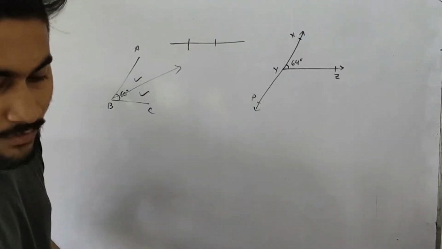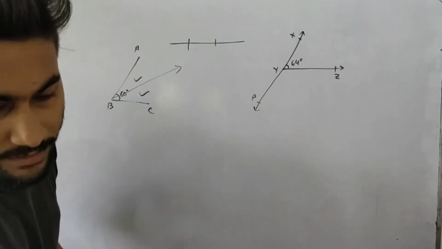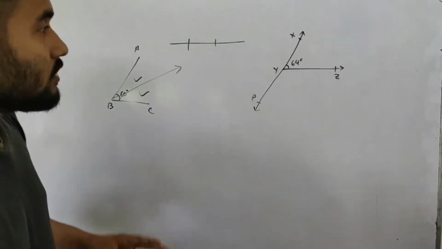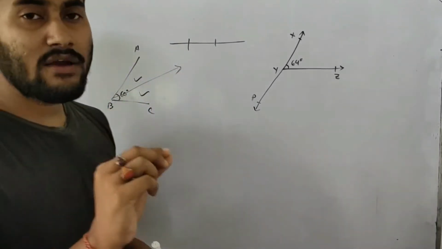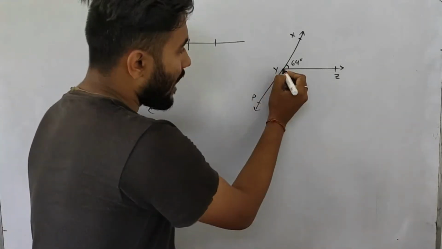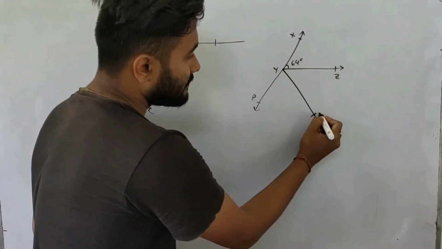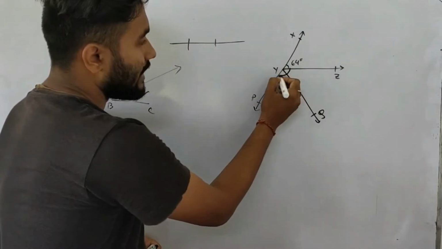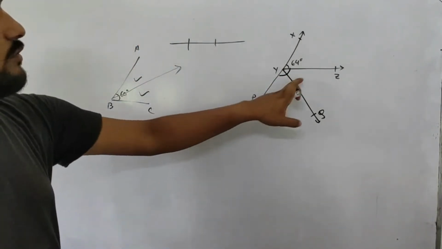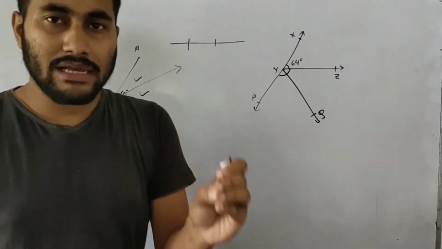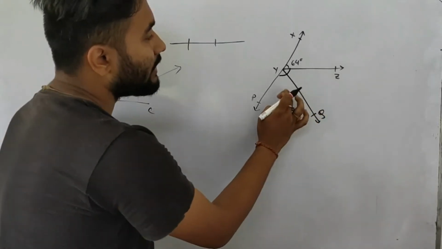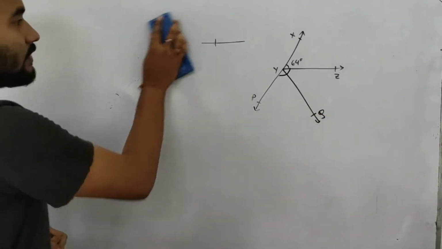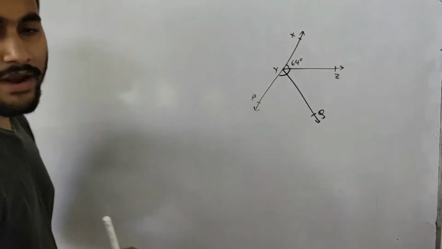But over here it is said bisect. Bisect means equally two parts. So who bisects? The ray YQ. So YQ bisects angle ZYP in two equal parts. Remember, if it is said bisect, this part and this part have to be equal. Divide means you can divide in any way.